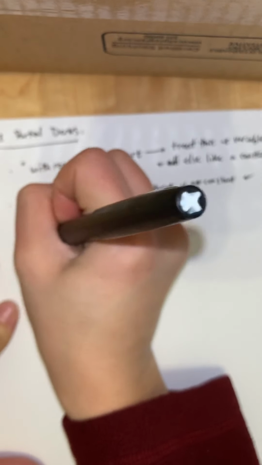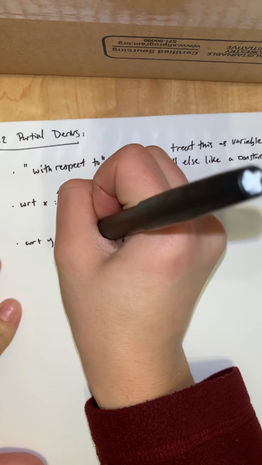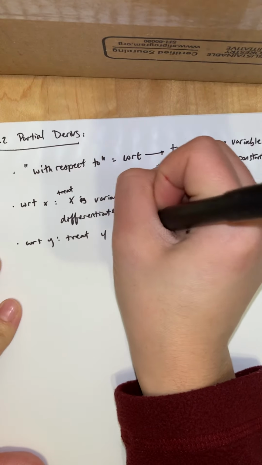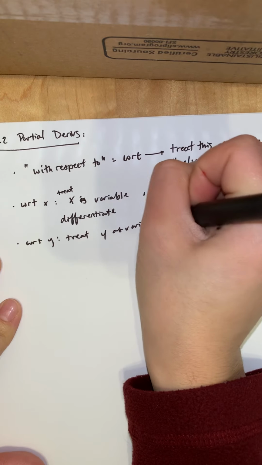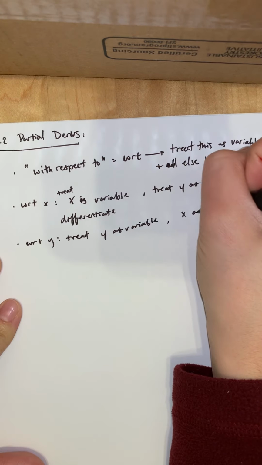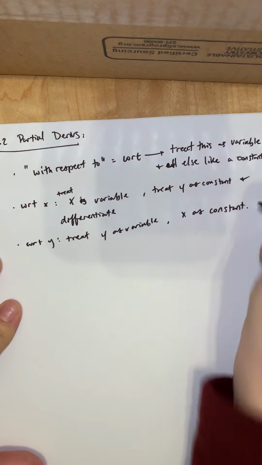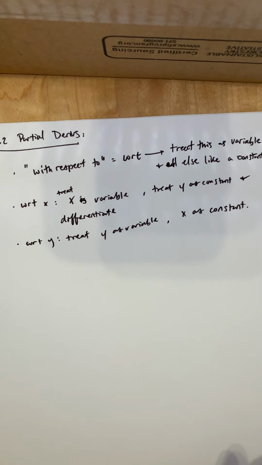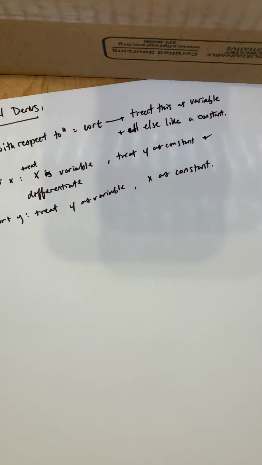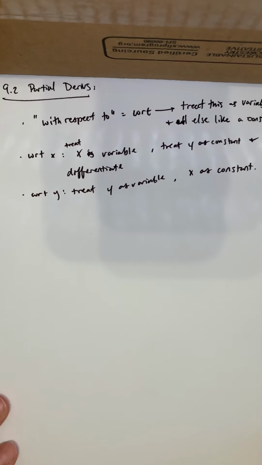And then with respect to y, again means treat y as variable and x as our constant. Okay. And then we saw that we could do some higher order things.